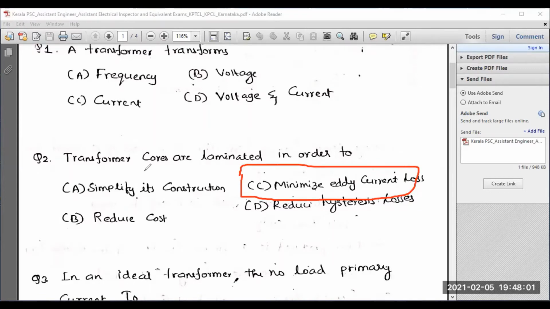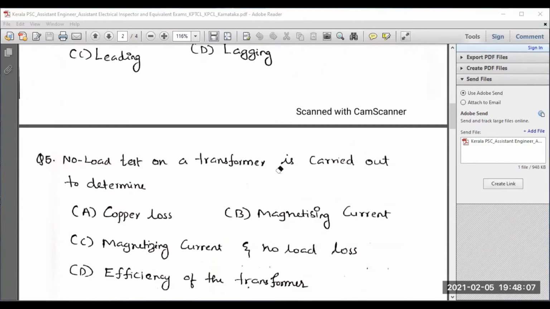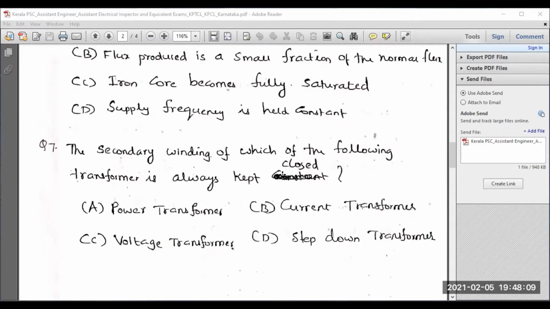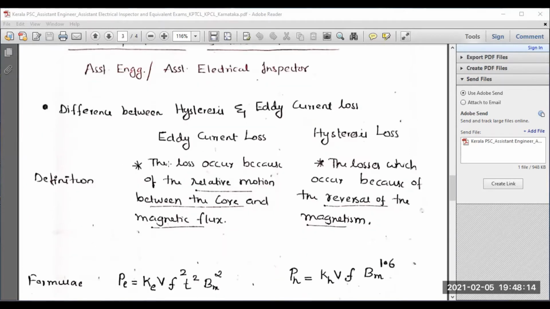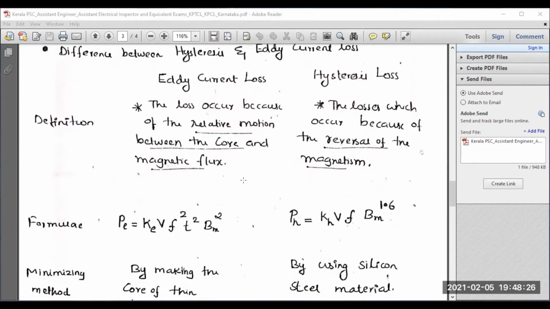Now let us study some features about eddy current loss and hysteresis loss. You have to compare the eddy current and hysteresis loss. I have prepared a few points regarding hysteresis loss and eddy current loss. Regarding the definition, the loss that occurs because of relative motion between core and the magnetic flux is called eddy current loss, whereas the losses which occur because of reversal of magnetism are called hysteresis losses. One of the popular formulas of eddy current loss and hysteresis loss are as follows.